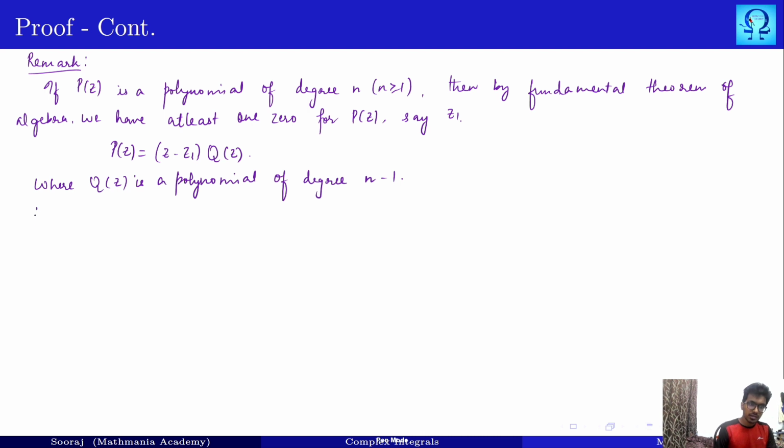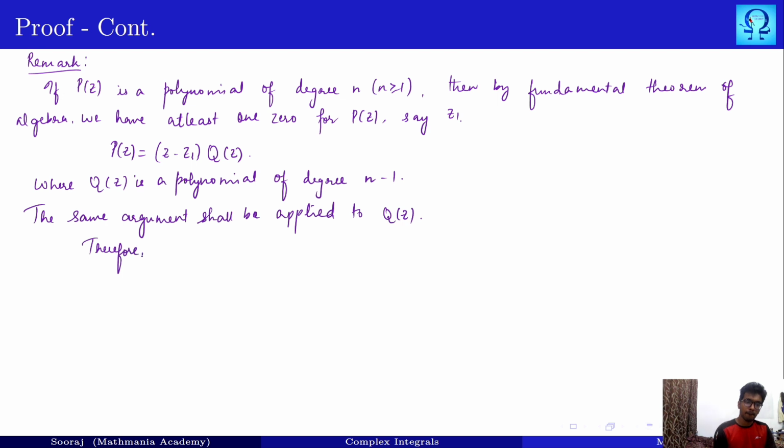We can apply the same argument to q of z. Therefore, p of z is z minus z1 multiplied with z minus z2 and q2 of z.